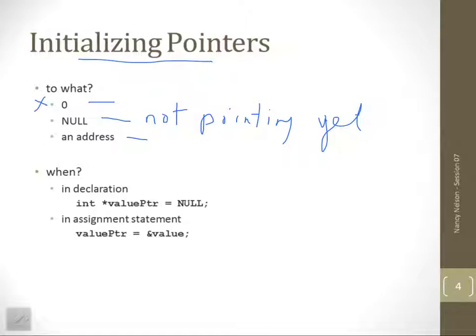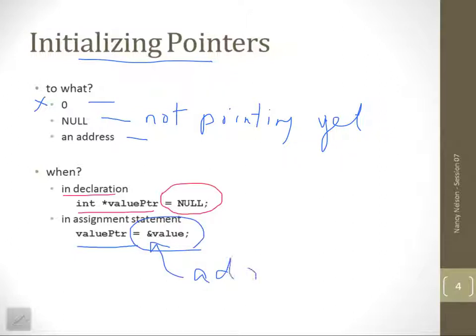When do we do that? We can do it in one of two places. We can do it at declaration time. So we can see here, there's our declaration for our pointer, and there's our initialization to null. Or we can do it right in an assignment statement. There's our pointer, it's already declared, and here is our assignment saying we want the address of value to be assigned to our pointer.